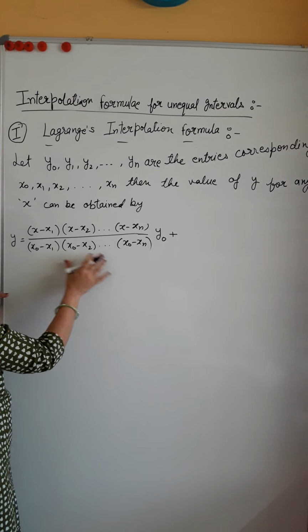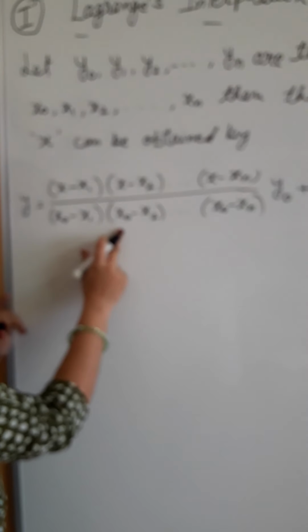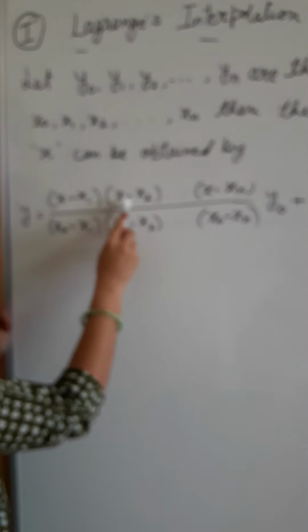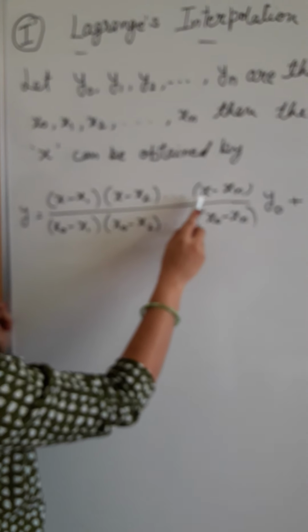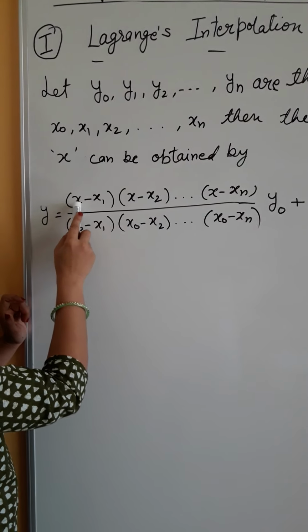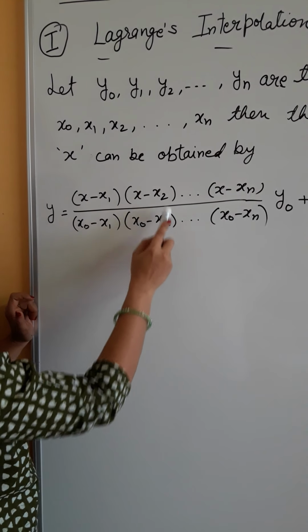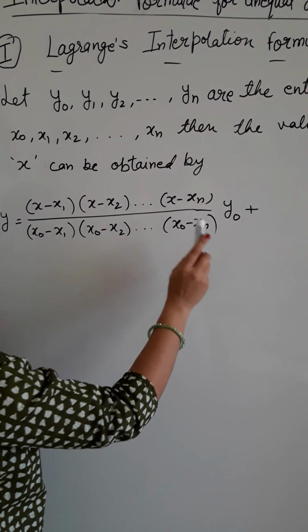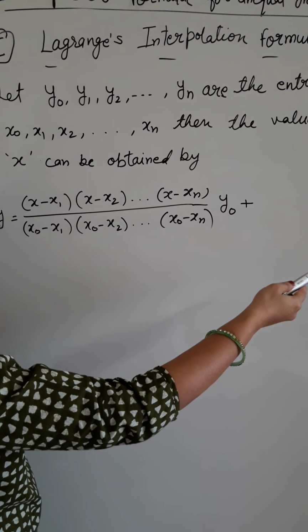So y, the required value, is equal to (x minus x0)(x minus x1)(x minus x2) up to (x minus xn), divided by, where I have replaced x with x0, (x0 minus x1)(x0 minus x2) up to (x0 minus xn), multiplied by y0. Here you try to understand the pattern so that we can write the subsequent terms also.